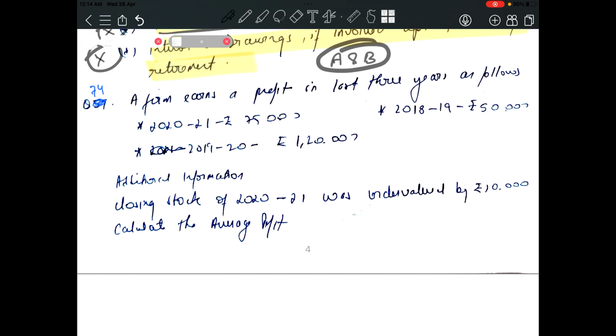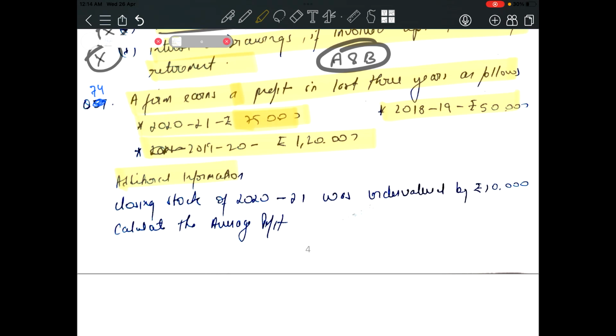Now let's see question number 74. A firm earns profit in the last 3 years as follows: 75,000 in 2021, 50,000 in 2018-19, and 1,20,000 in 2019-20.